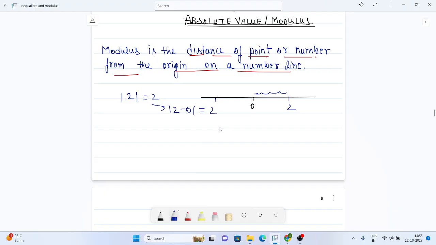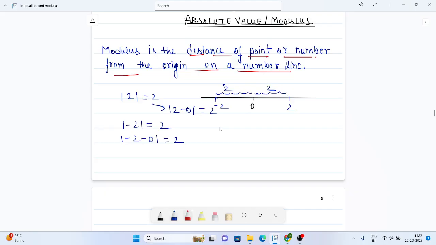If another is given, minus mode 2, it is also 2, because distance is always positive, so it is basically 2 units from the origin. So it is minus 2 minus 0, equal to mode 2.